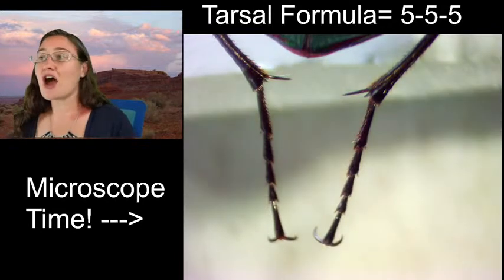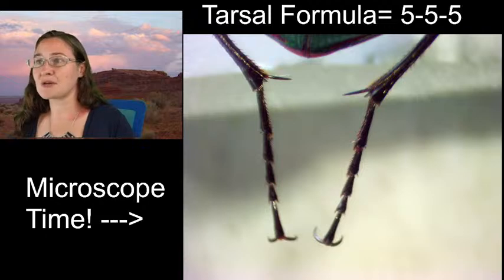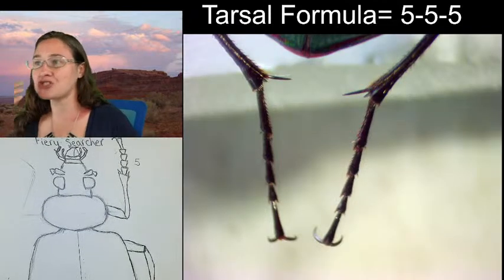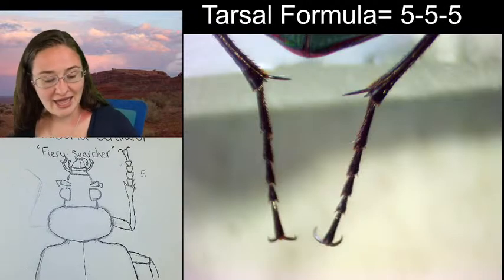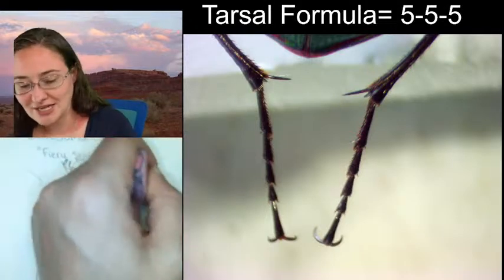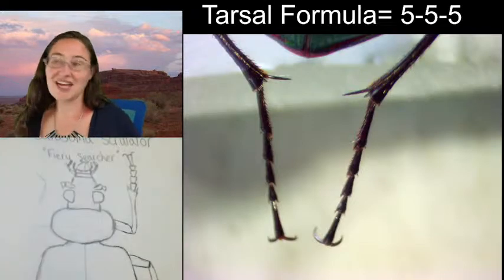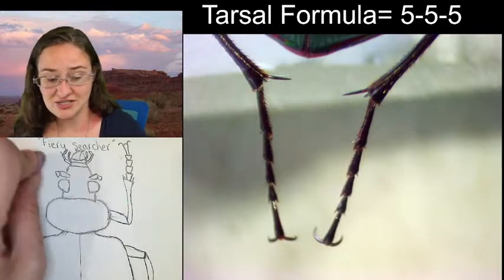There are some keys that will ask you for the tarsal formula, so you kind of have to know what you're looking at and how to count those tarsi to be able to identify a good number of beetles down to family. That's not even considering species characteristics.